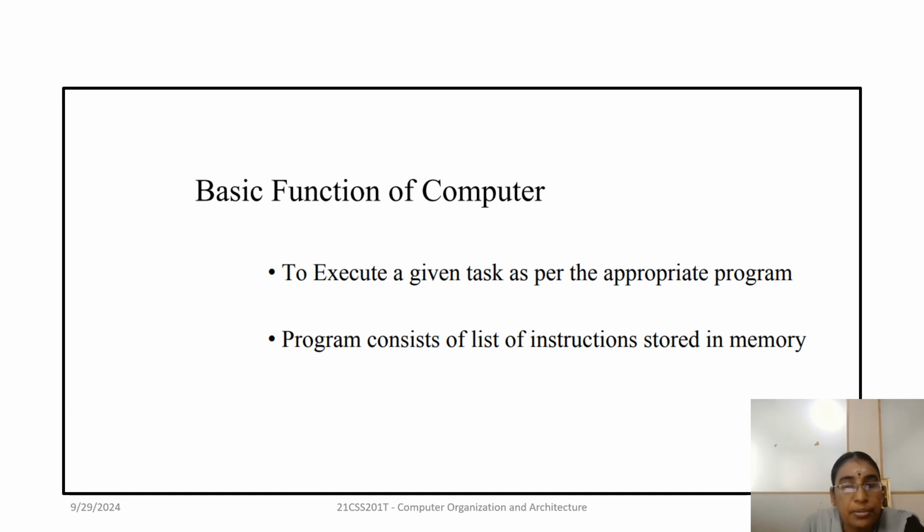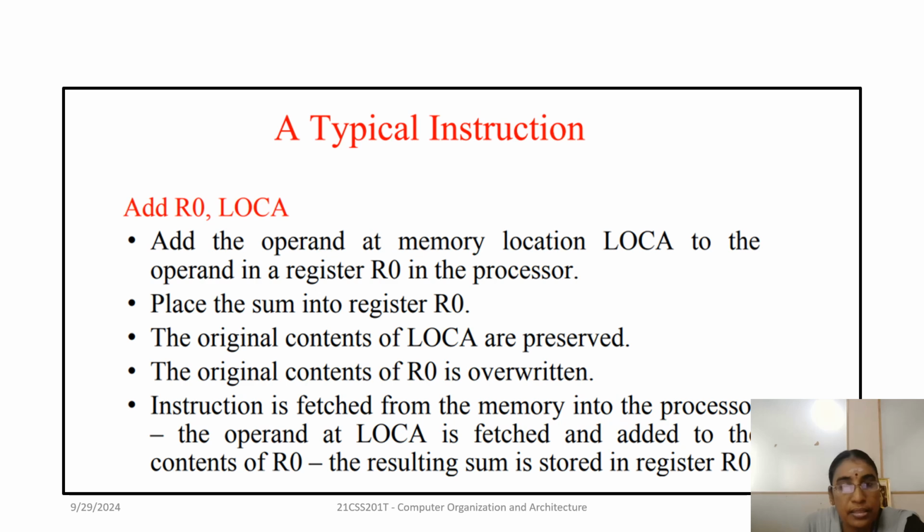The main concept of the function of a computer is to execute a given task as per the appropriate program. The program consists of several instructions which are stored in memory. So in the memory, we can have data as well as the program. This is a typical instruction that indicates the function of a computer, like Add R0, LOCA.